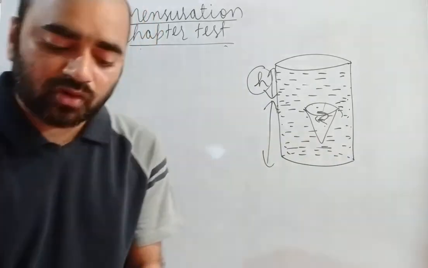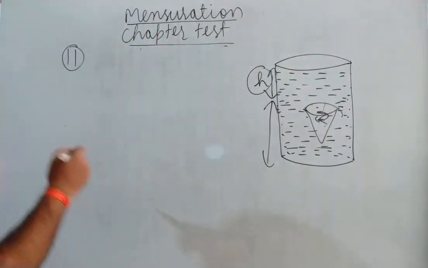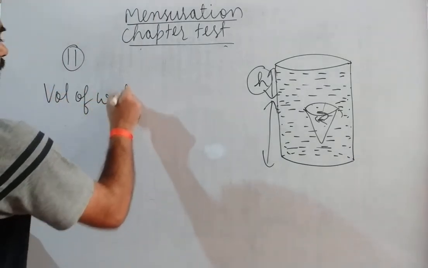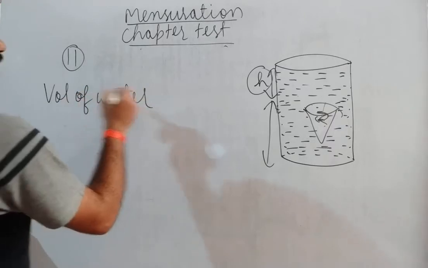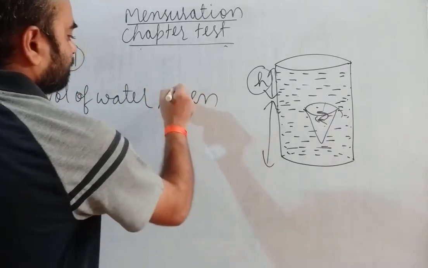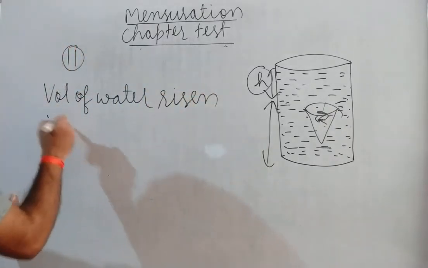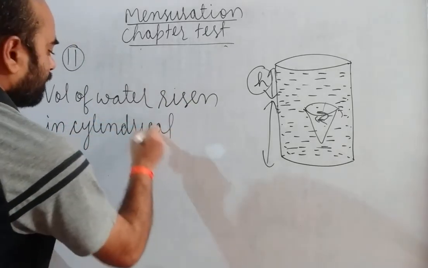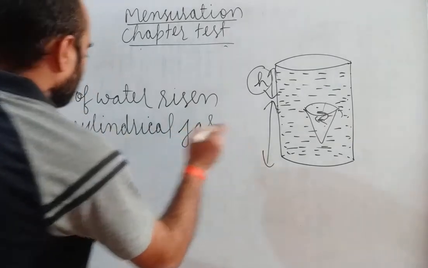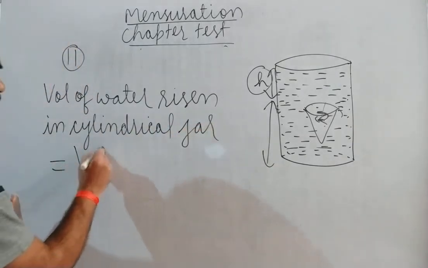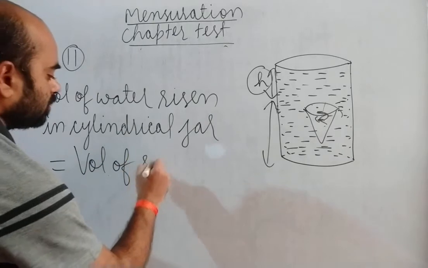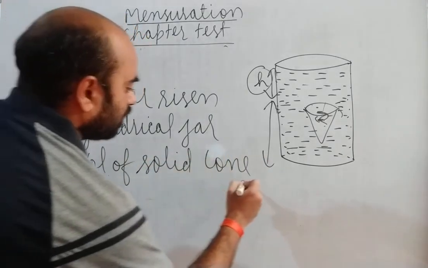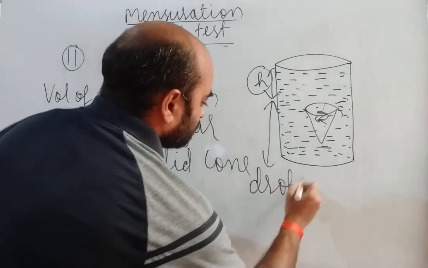So again the concept is same. The concept is volume of water risen in the cylindrical jar is equal to volume of solid cone dropped.